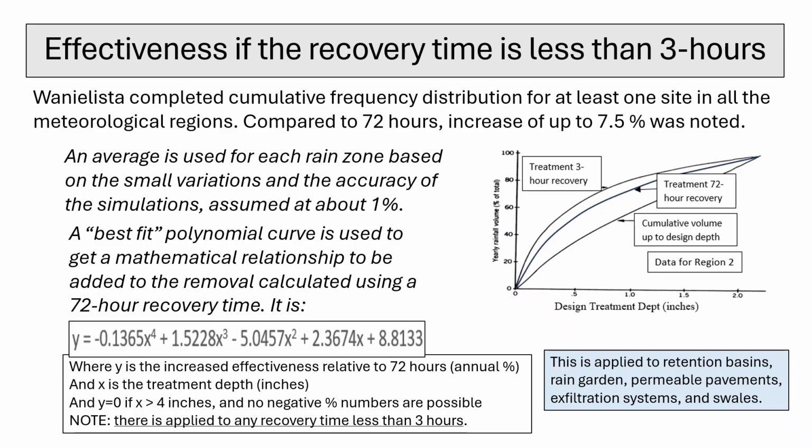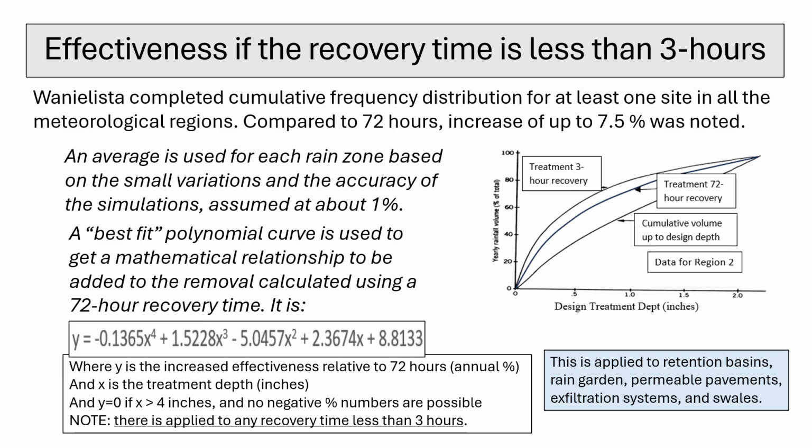This slide discusses the increased effectiveness when recovery times are so short. Wanyelista's work involved completing cumulative frequency distributions for sites across all meteorological regions. When comparing these rapid recovery times to a standard 72-hour recovery period, an increase in removal effectiveness was noted, reaching up to about 9%.